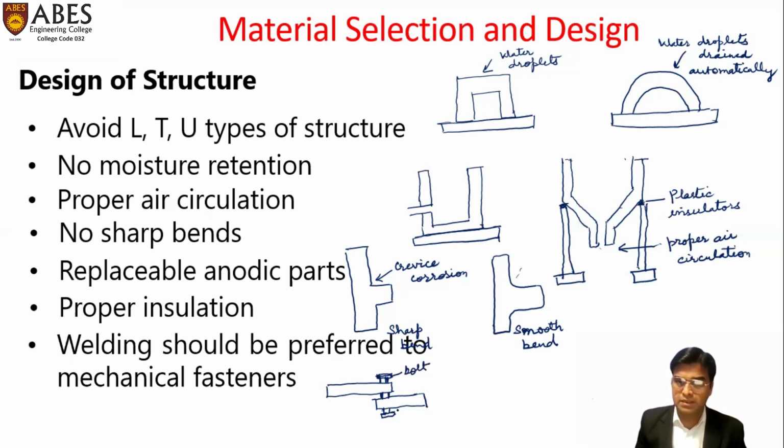And here, these narrow spaces are poorly oxygenated. These are called crevices. So crevice corrosion may occur here. On the other hand, if these metal parts are joined with the help of welding, so this is the weld here.